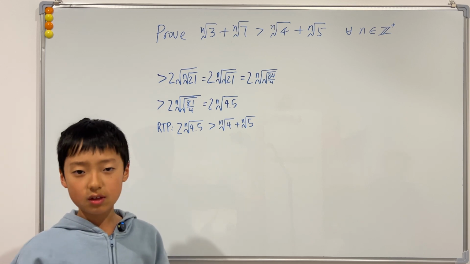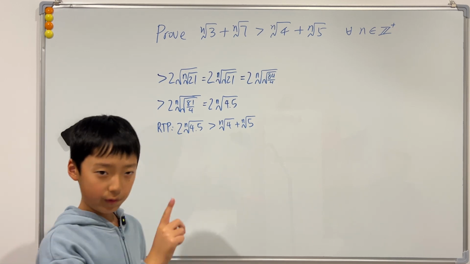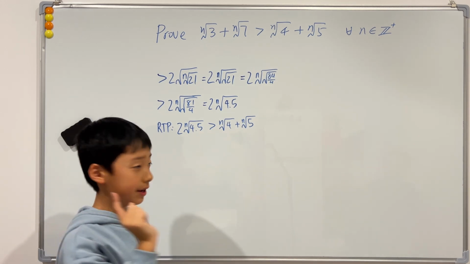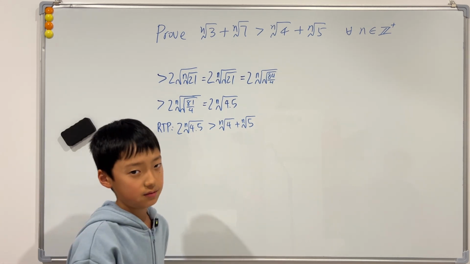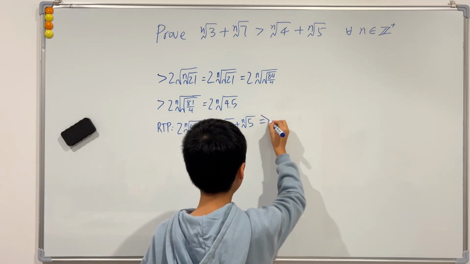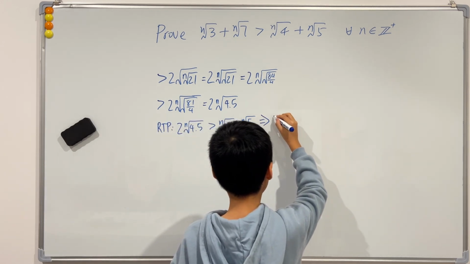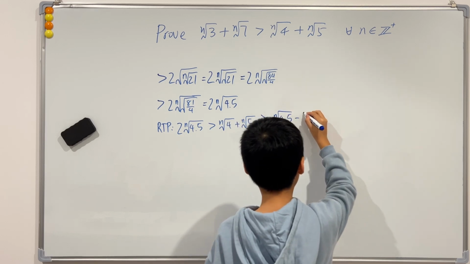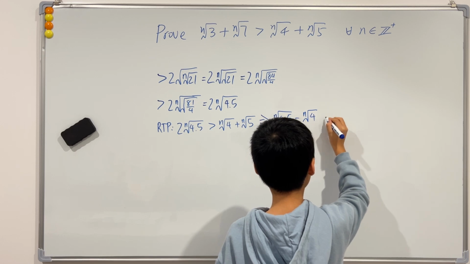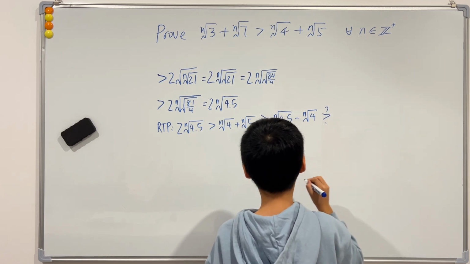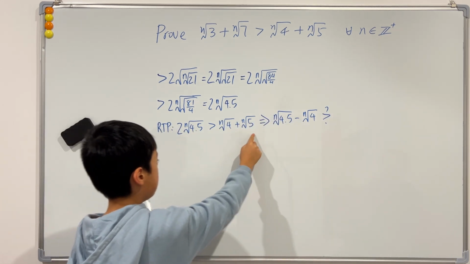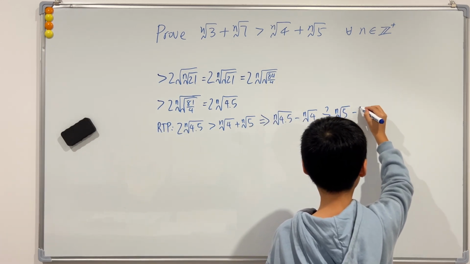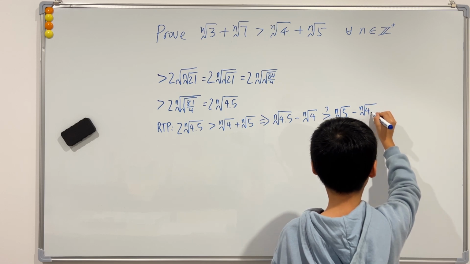So I can do that by first moving this nth root of 4 to this side and one of these to that side. So we have to prove that the nth root of 4.5 minus the nth root of 4 is greater than the nth root of 5 minus the nth root of 4.5.